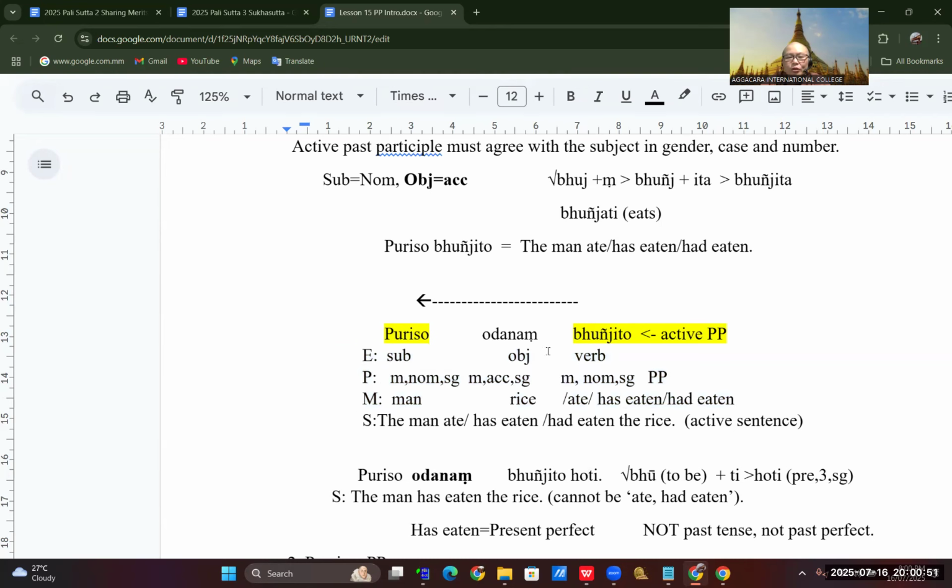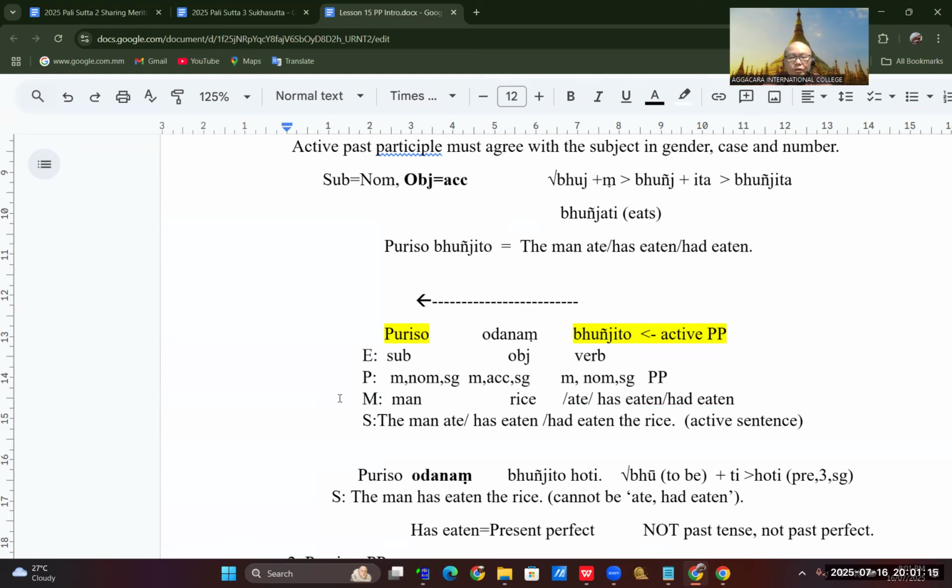Subject is Puriso, object is odanam, verb is bhunjito, in Pali, masculine nominative singular. And then the meaning, M is meaning, man, rice, has eaten rice, and S is sentence. Okay? All right. So this is finished already.